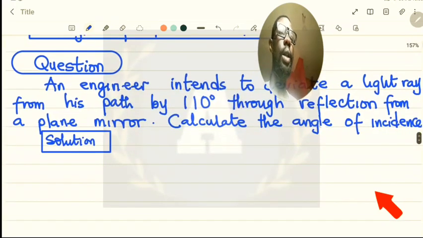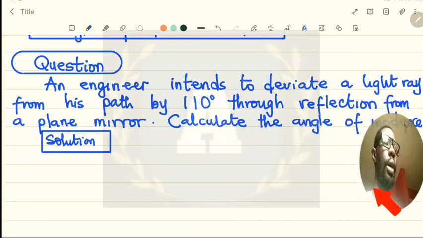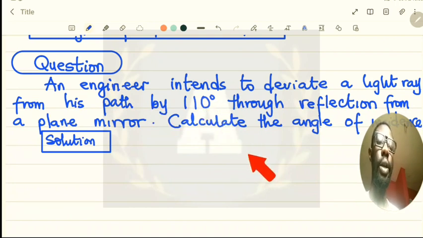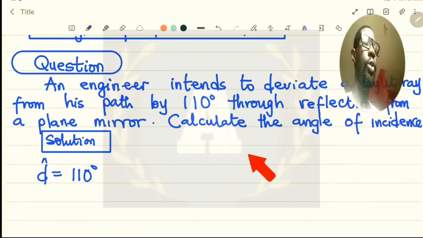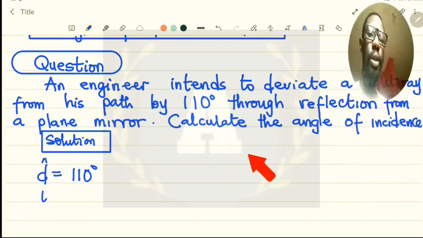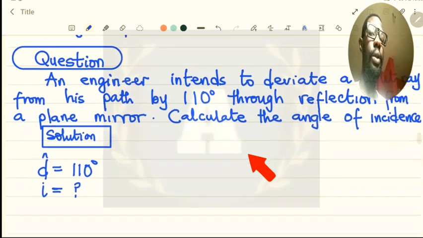Now, the angle of deviation has been given to be 110 degrees from the question. So we are asked to calculate the incidence angle, the angle of incidence.